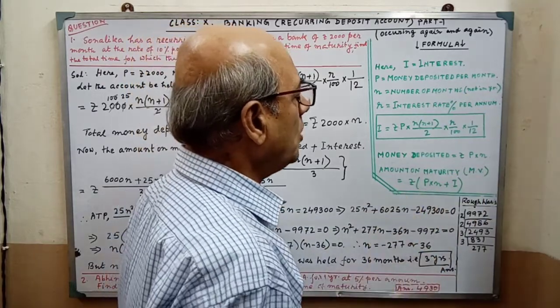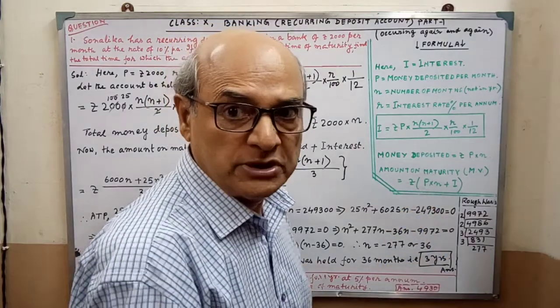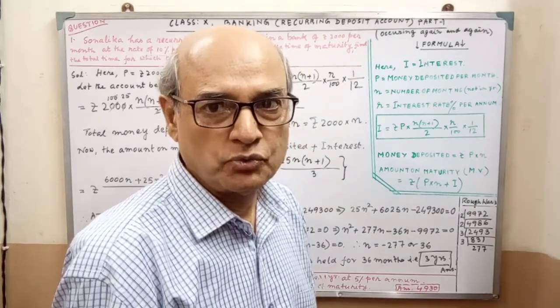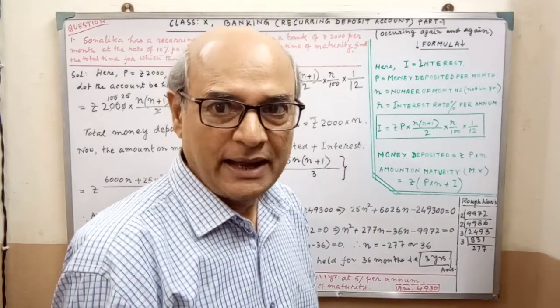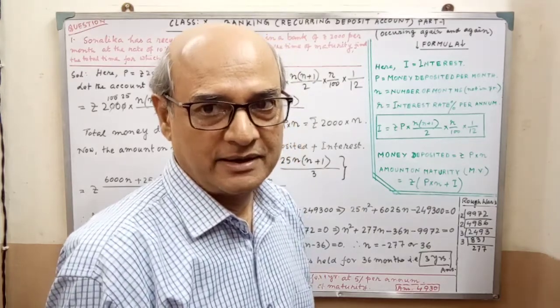And amount on maturity, that is amount deposited, P into n, and interest. By adding these two, what will be the amount? That is on maturity. I think it is clear.